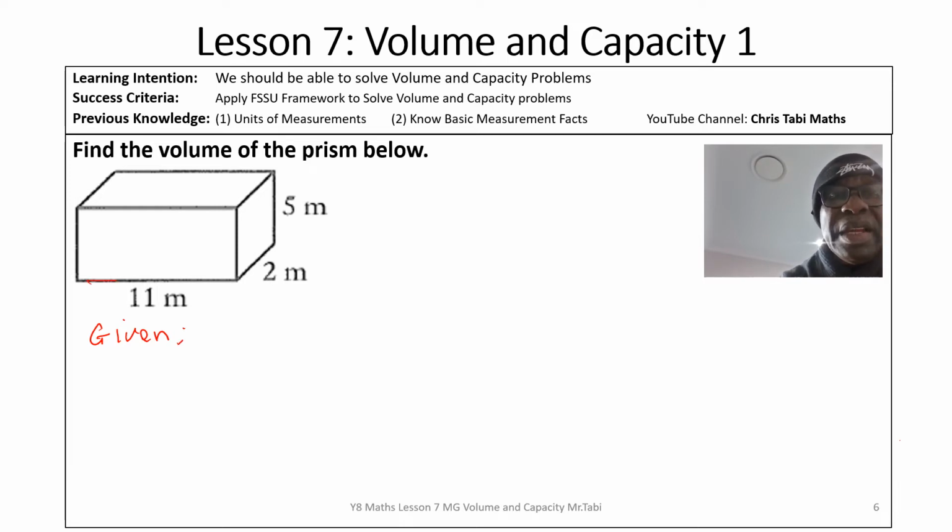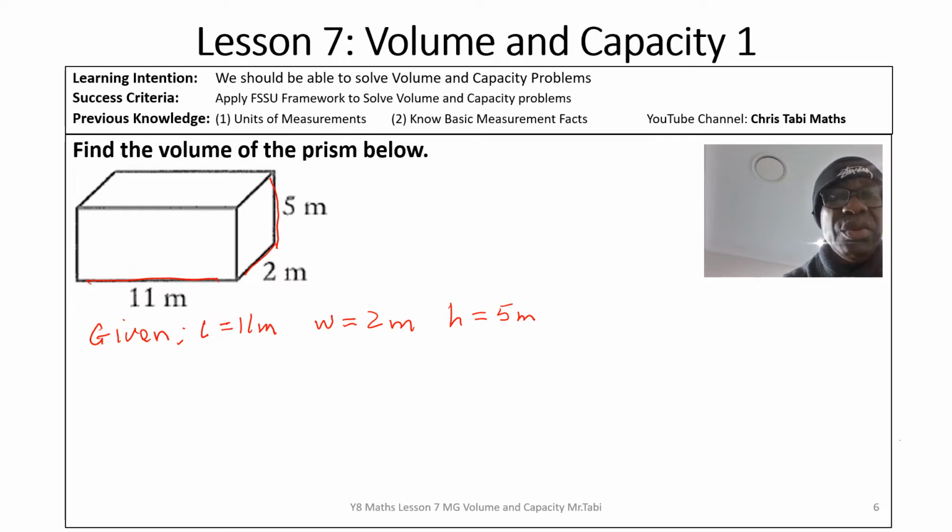Well, we know that length L is equal to 11 meters. We know that the width W is equal to 2 meters. And we know that the height H is equal to 5 meters.